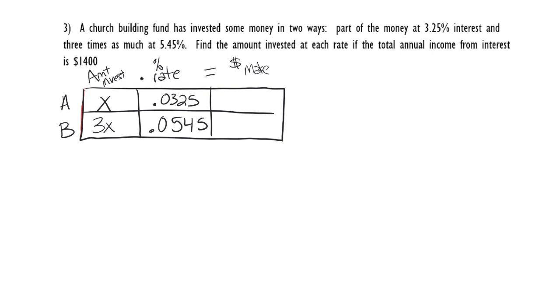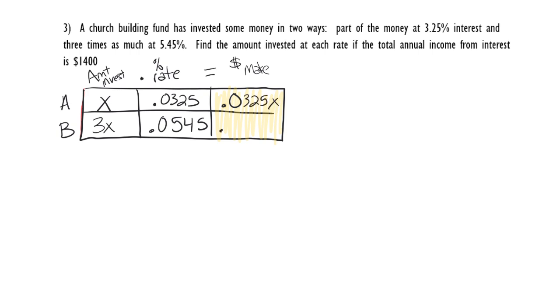And then remember how, and maybe I'll show this just with a little highlighter, we don't ever do anything from the problem in this last one. This last set of boxes always comes from just multiplying straight across. So I'm going to have right here 0.0325x.